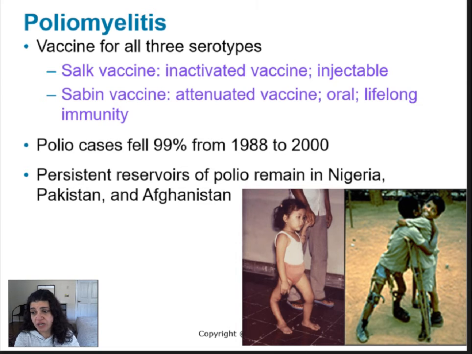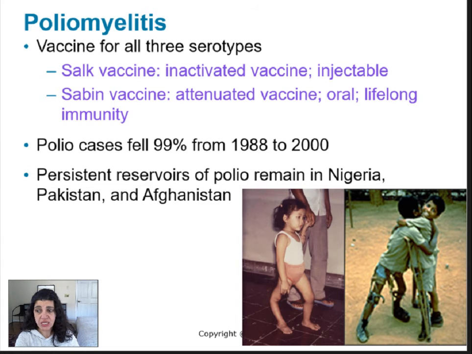If you're going to travel to endemic areas like Asia and Africa, you may need a one-time booster shot before you travel. One out of four of the people who are infected, which is 25% of the cases, may have flu-like symptoms.